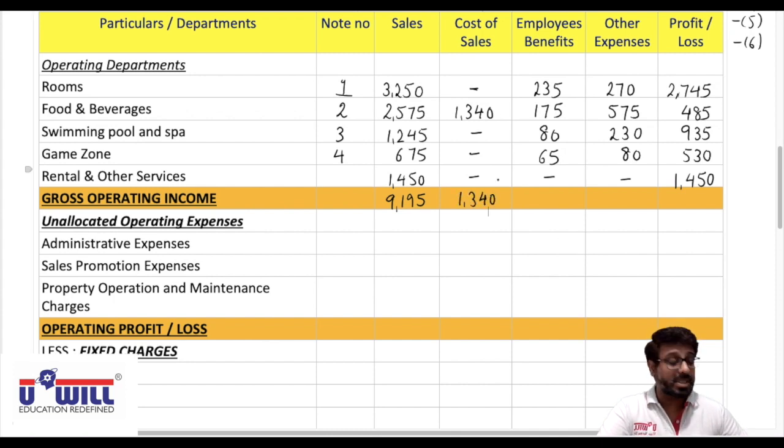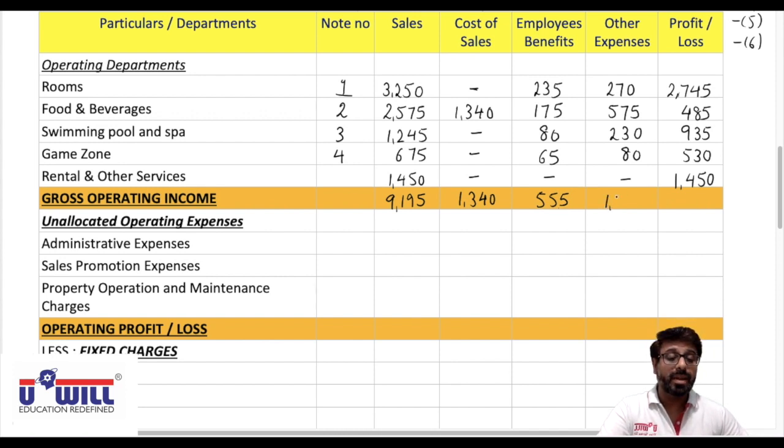Now what are the employees benefit of the entire hotel? 235 plus 175 plus 80 plus 65, that is 555. And in the same way, what are the other expenses of the entire hotel? 270 plus 575 plus 230 plus 80.